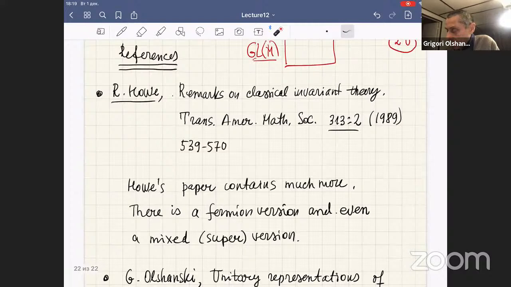So this is a very important paper, which was the beginning of a very long story, and many, many papers were written in the sequel of this work by Roger Howe, because some version of the Howe correspondence works not only in this situation, but there are many variations, even for finite fields and p-adic fields. So this is a beautiful and whole direction.